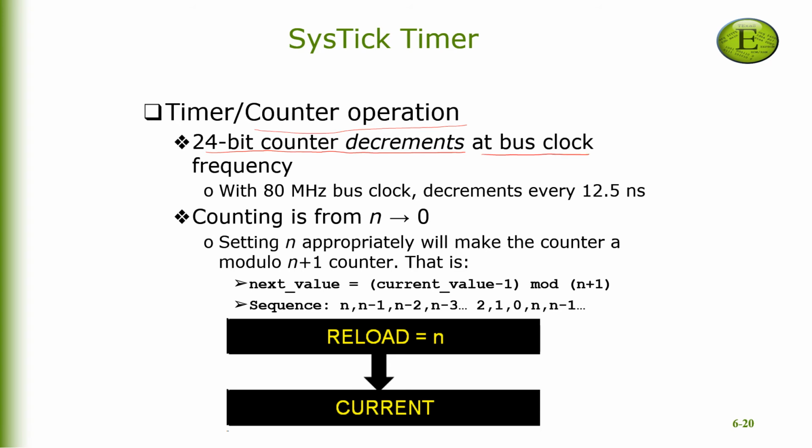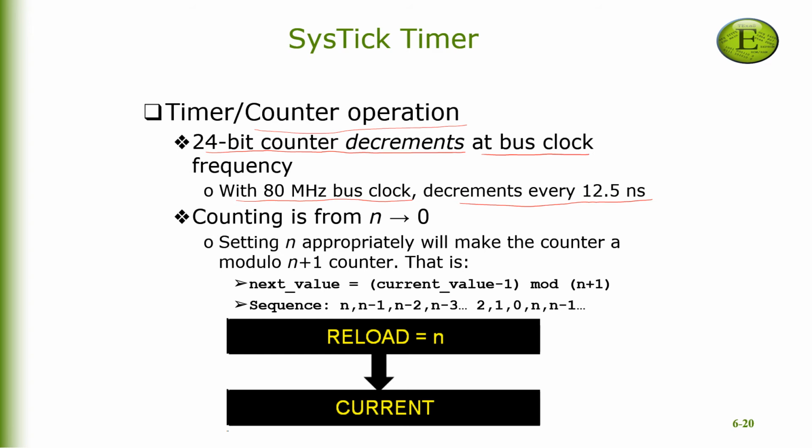And if we're using an 80 megahertz bus clock using the internal PLL, whose discussion will come at some point later in this course, then the time period is 12.5 nanoseconds, which means that the clock rising edge occurs after every 12.5 nanoseconds, and that's when the timer decrements its value.